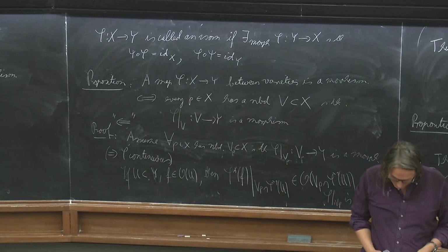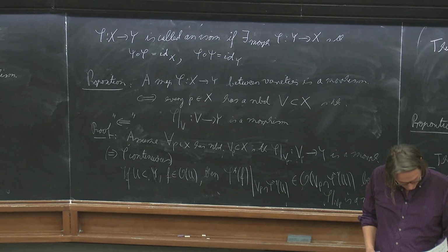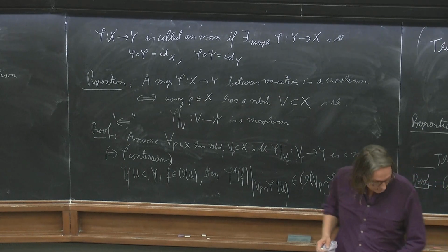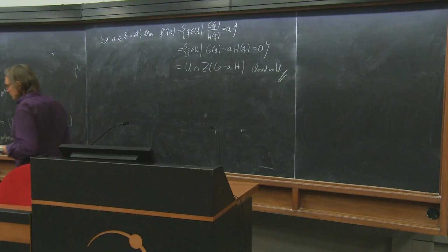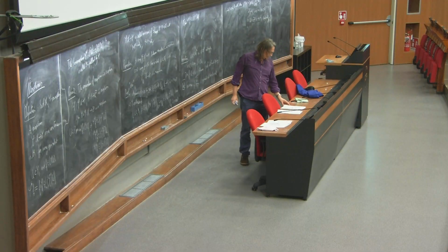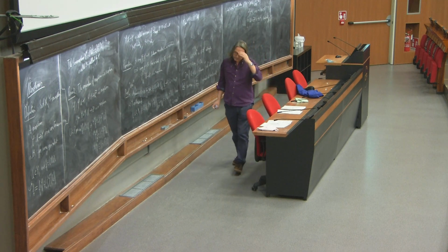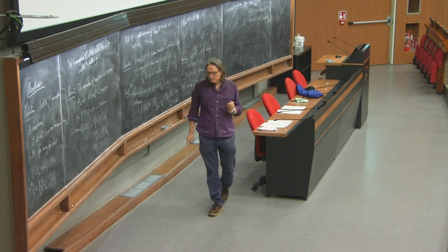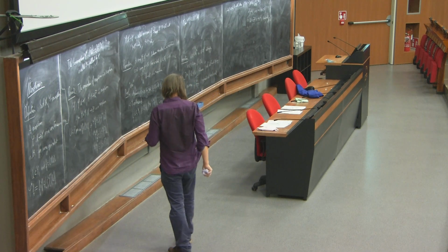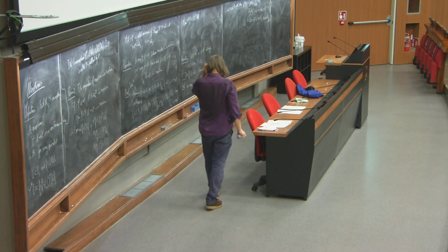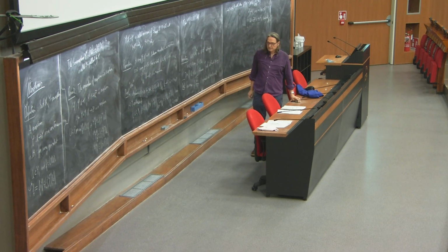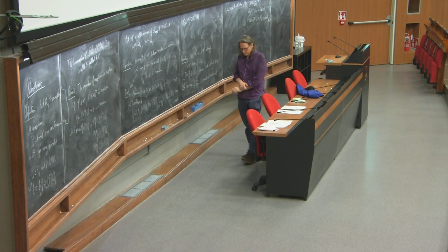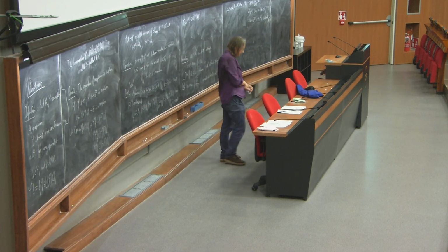Okay. So maybe I will stop here. Next, I will show more concretely that if I have a morphism to, say, an affine variety or subvariety of A^n, its coordinates are given by regular functions.